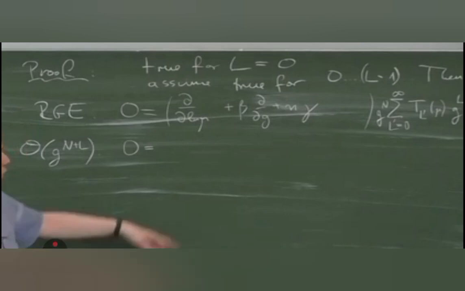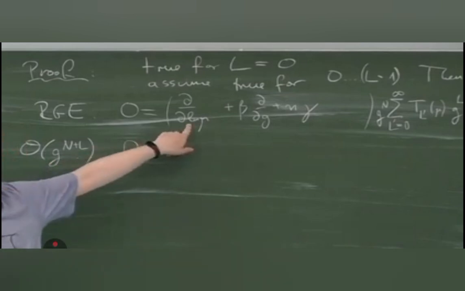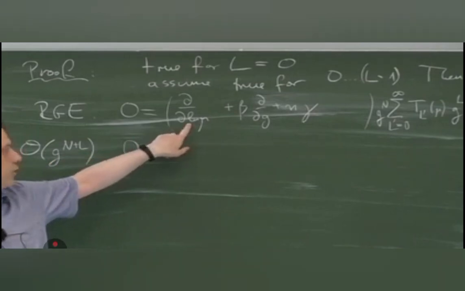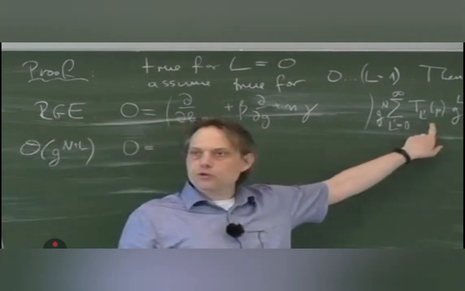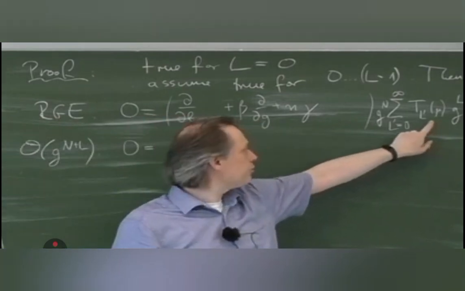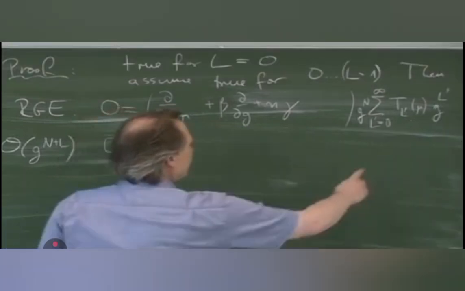Where do these terms come from? So here, the partial derivative with respect to mu simply acts on the coefficient functions which are independent of each other. Therefore, for this partial derivative, each term has some contributions.